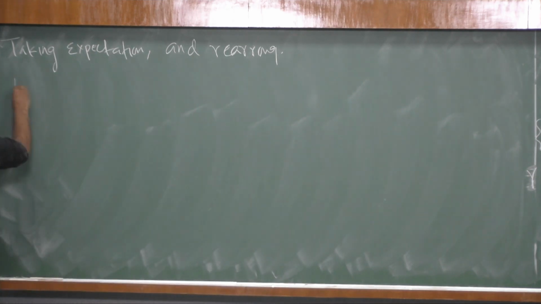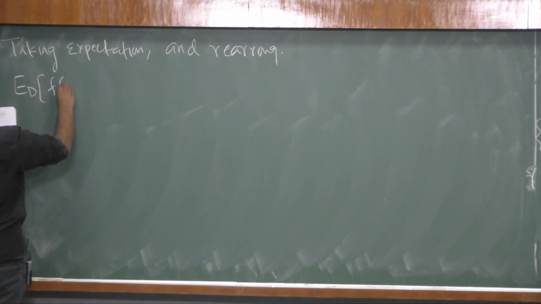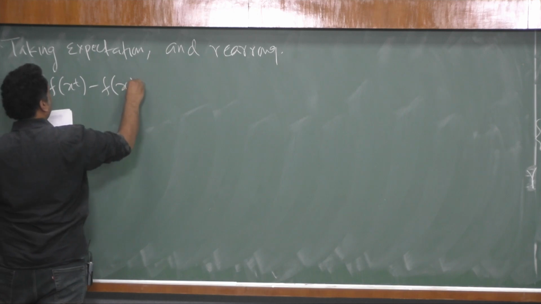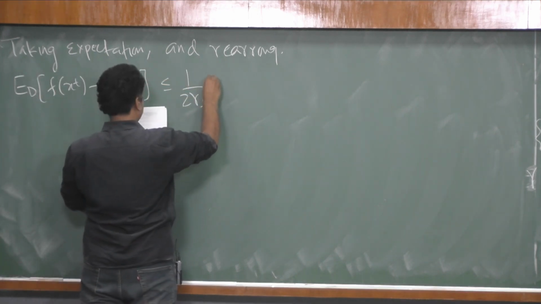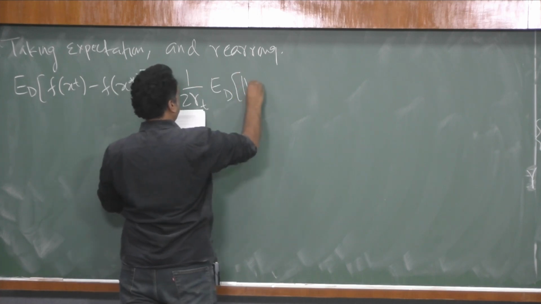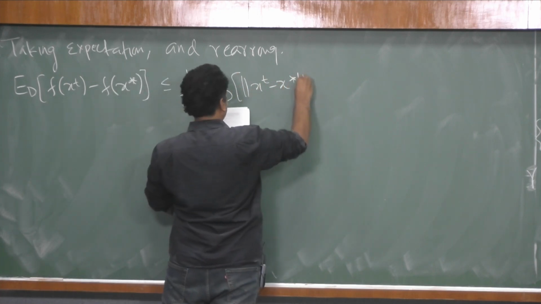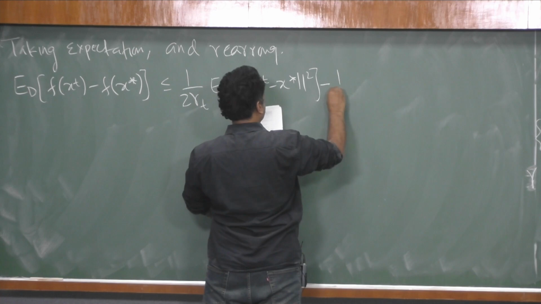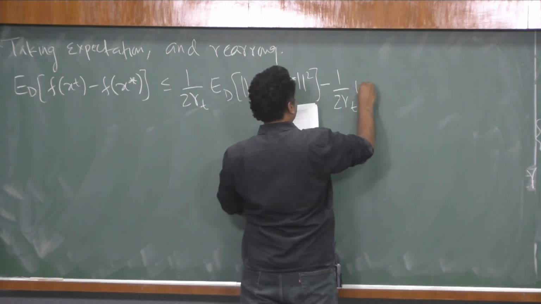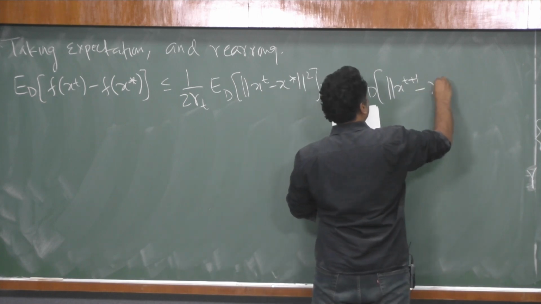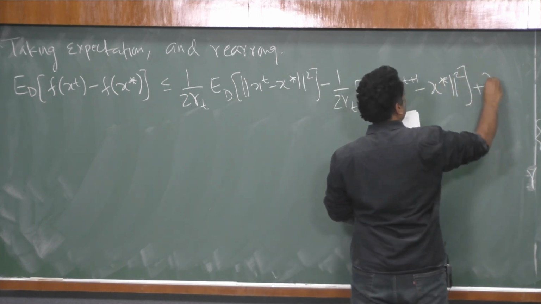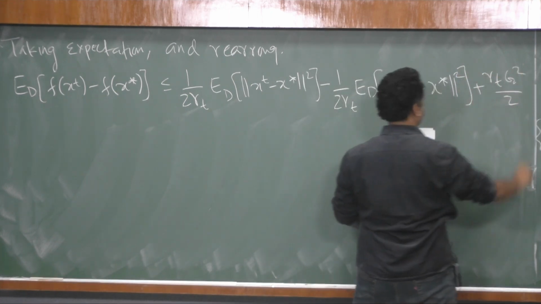If we do that, then we have f of xt minus f of x star less than or equal to 1 by 2 gamma t times the expectation of norm of xt minus x star squared, minus 1 by 2 gamma t times the expectation of norm of xt plus 1 minus x star squared, plus gamma t G square by 2.